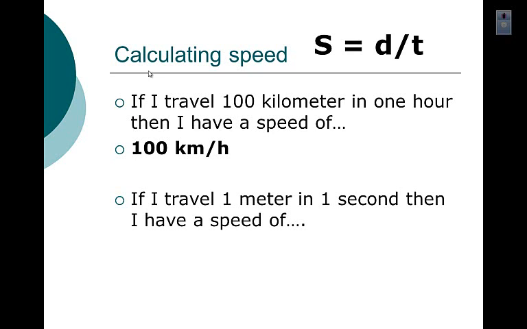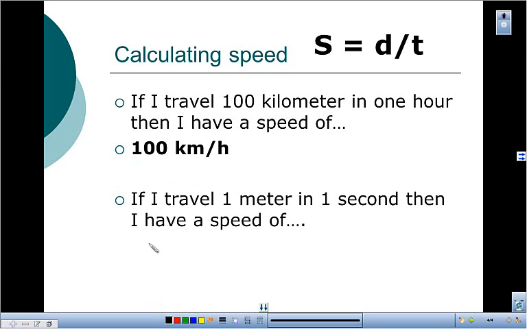So let's try this one down here at the bottom. It says if I travel 1 meter in 1 second, then I will have a speed of, well, let's write my speed formula again. Speed equals distance divided by time.